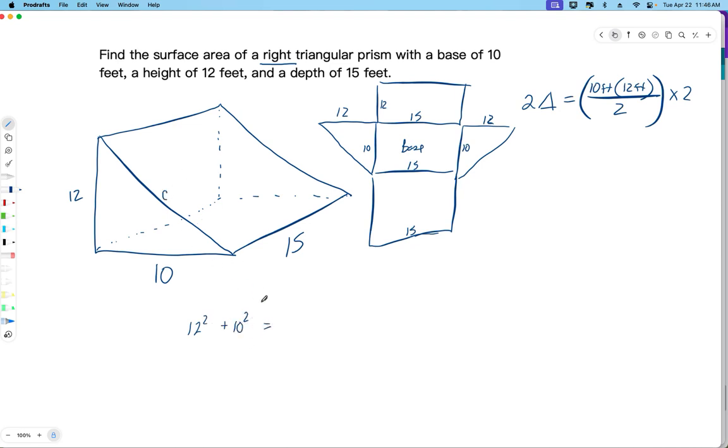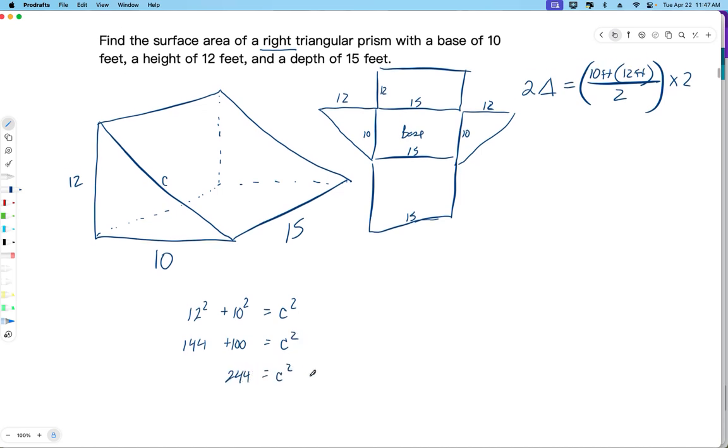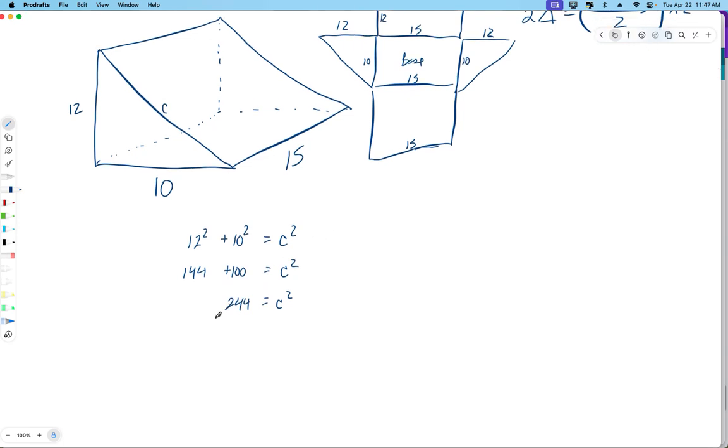We don't know what c is, so c squared. So 144 plus 100 is equal to c squared. So 244 is equal to c squared. So the square root of 244 is equal to c.